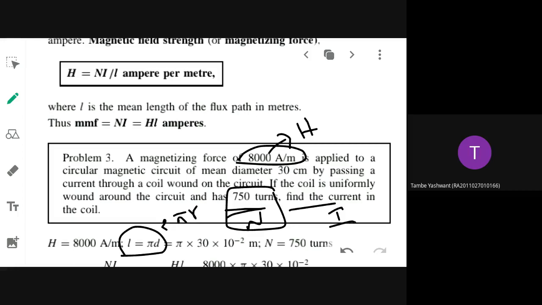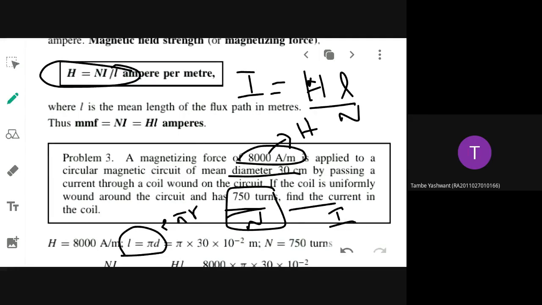Using the formula H equals NI divided by L, I want I, the unknown parameter. So I equals H into L divided by N. N is directly given as 750, H is 8000, and L is pi d. Find out and tell me.